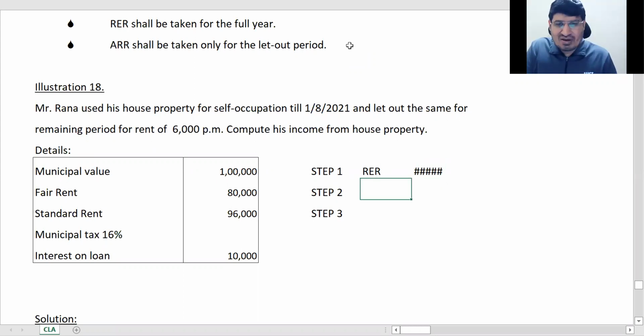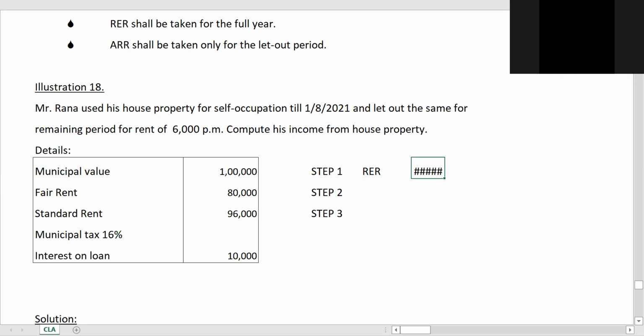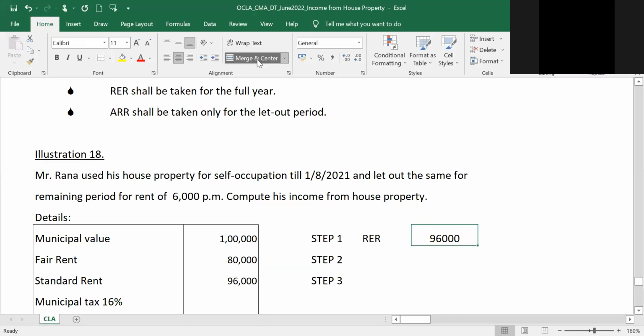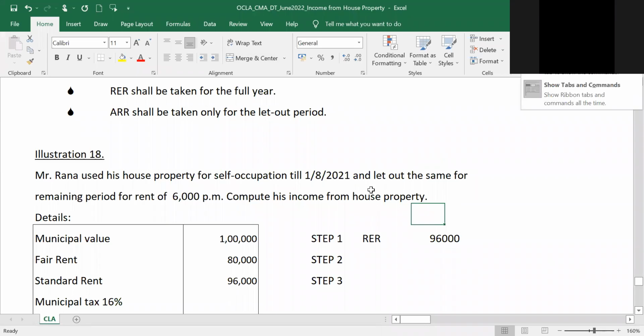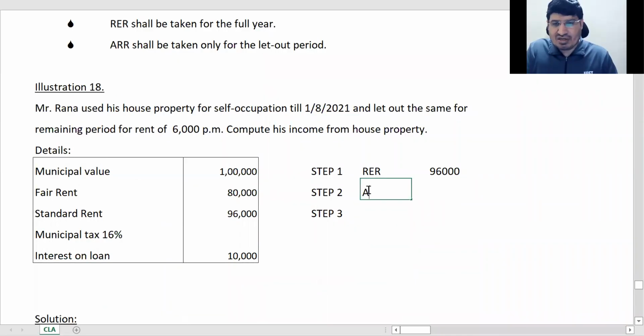Then your ARR is 48,000. So what is higher of the two? 96,000, correct?